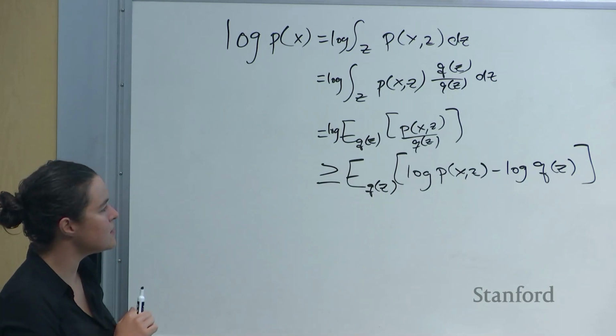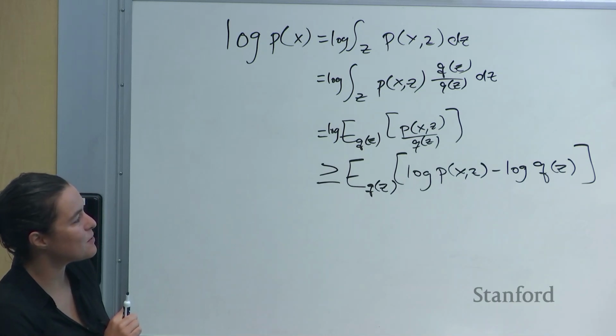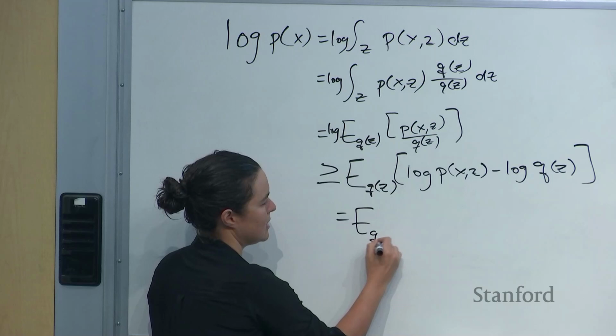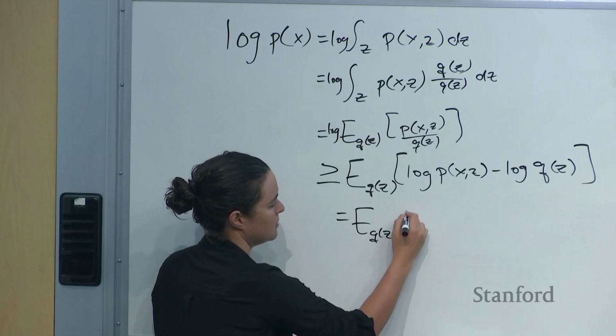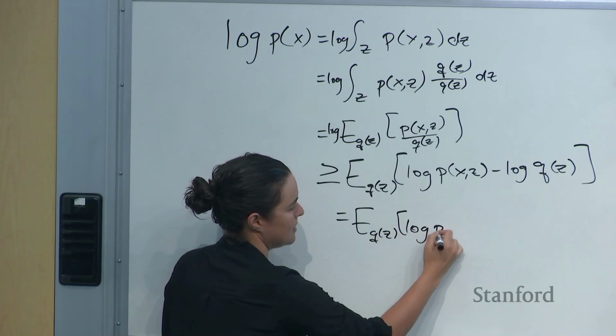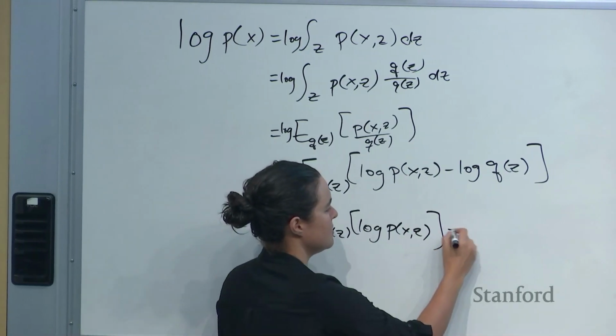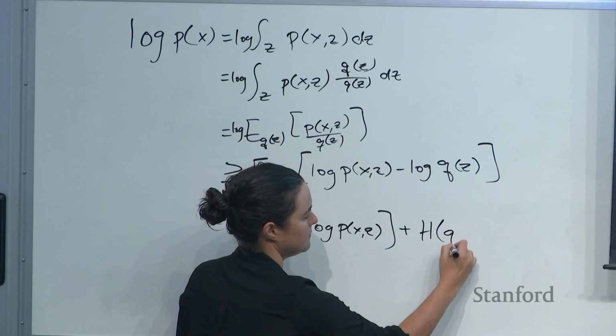From here, we get what's written on the board. This is equal to the expectation with respect to Q of z of log P of x comma z plus the entropy of Q of z.